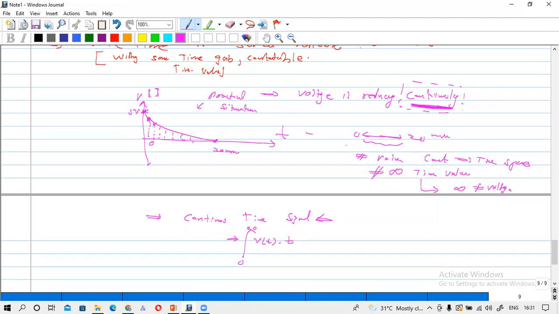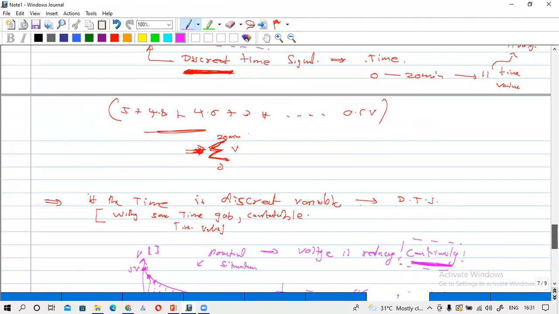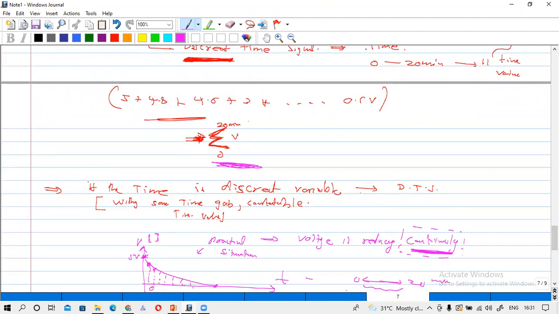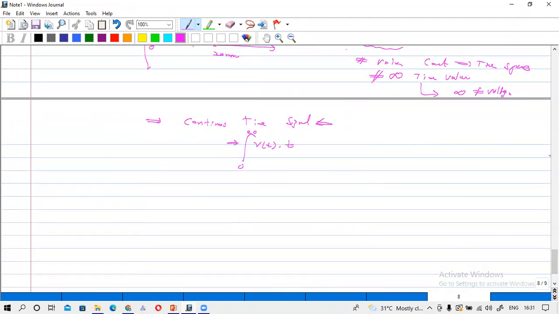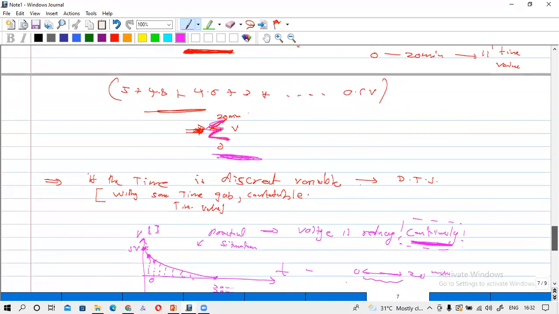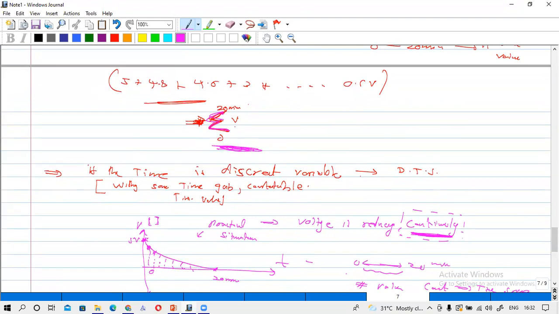Here you can't use the summation mark, the sigma; you have to use the integration mark. But for the discrete case, you can simply count the values.